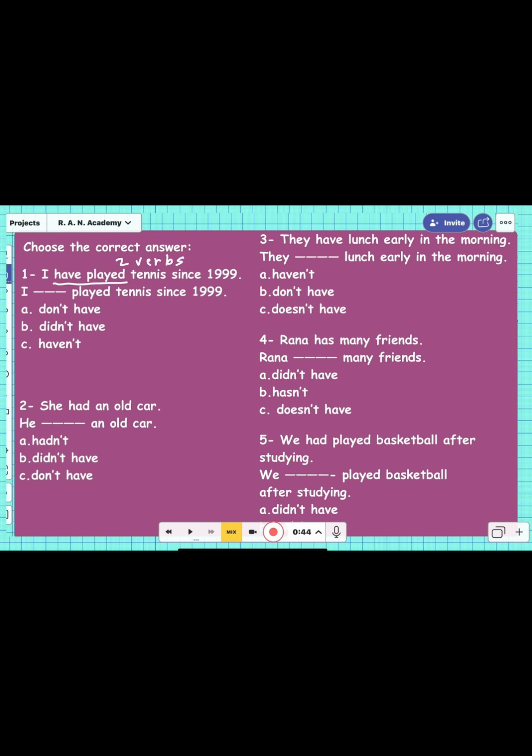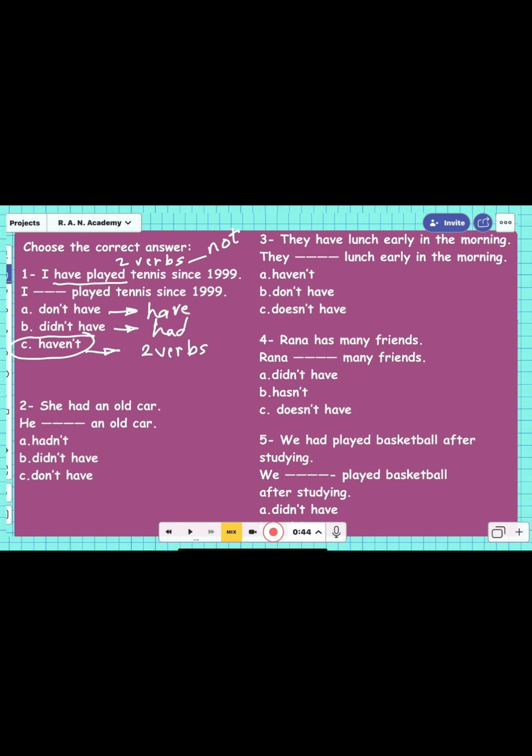So when I have two verbs, I have to choose not. Don't have if I see have. Didn't have if I see had. Haven't if I see two verbs. So here the correct answer is number C, haven't. Why? Because I have two verbs.